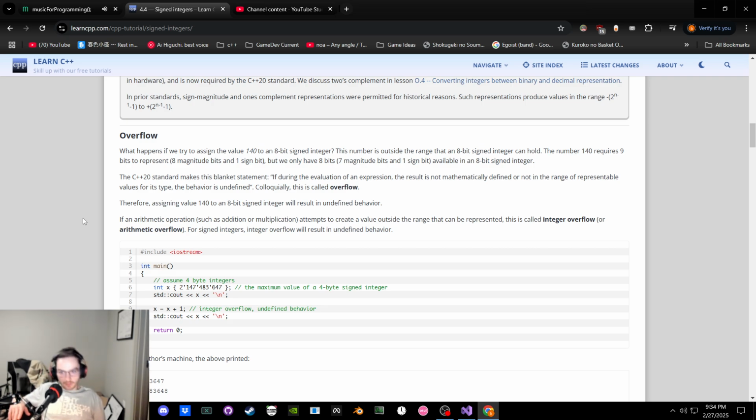What happens? Oh, there it is. It did crazy things. Plus 1 meant that it went all the way to the opposite side of the range.